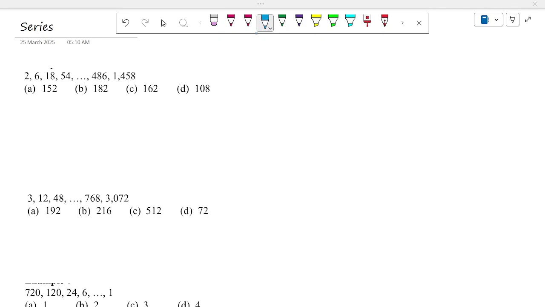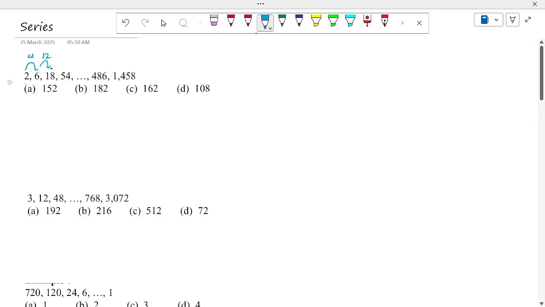If you look at this question, you just try to find out what is the difference between these two. It is 4, right? What is the difference between these? It is somewhere 6, I think 12.